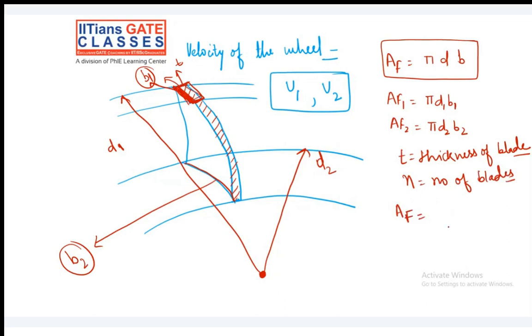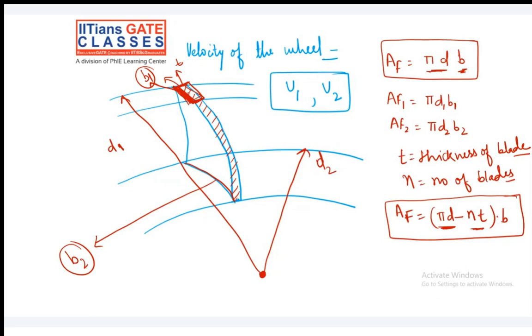So what I will do essentially is pi d minus n into the thickness, times the width at any point. Perimeter times width gives the area, but n into t gives you the number of blades and their respective thickness. So if I find the net area, perimeter multiplied by width, then I know the net flow area. Okay.